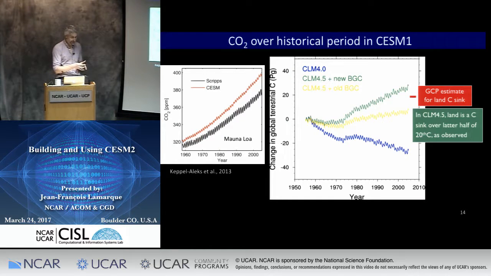So how do we do? So this is for CESM1 again, results. So these are the observations at Mauna Loa, which is the long-term record of CO2 from 1958 up to 2005 or something like that for this paper. And so this is what CESM1 was showing over the 20th century.